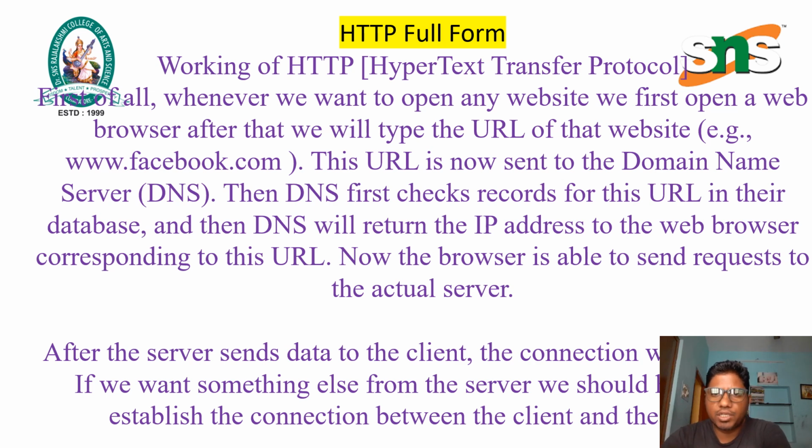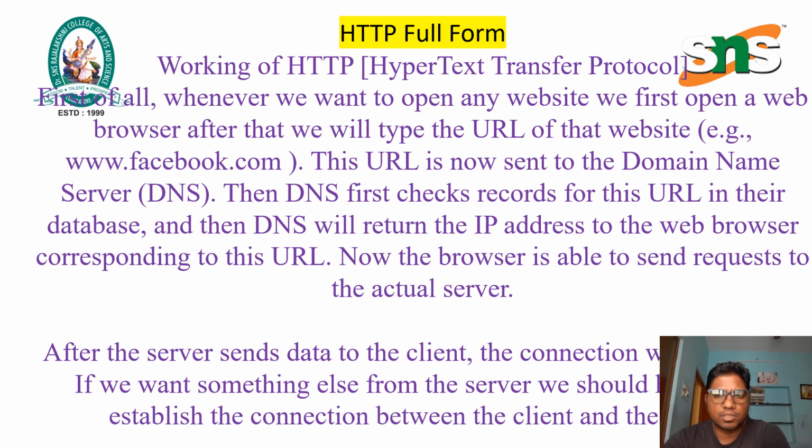Working of HTTP: whenever we want to open any website, we first open the web browser. After that we type the URL of the website, for example www.facebook.com. This URL is sent to the Domain Name Server, DNS.